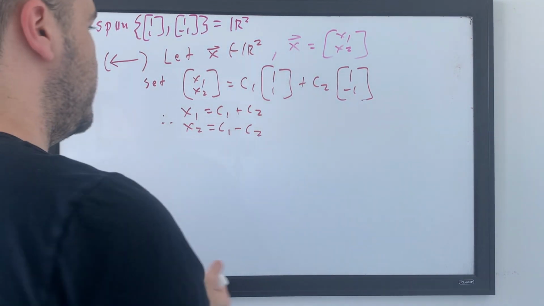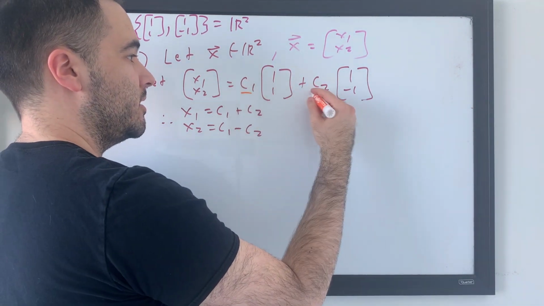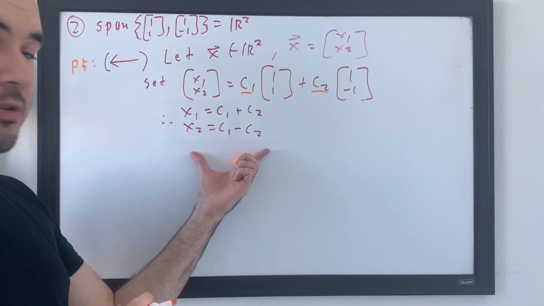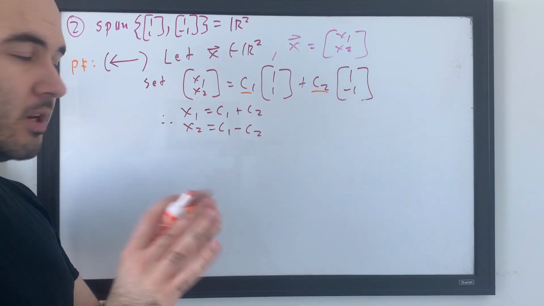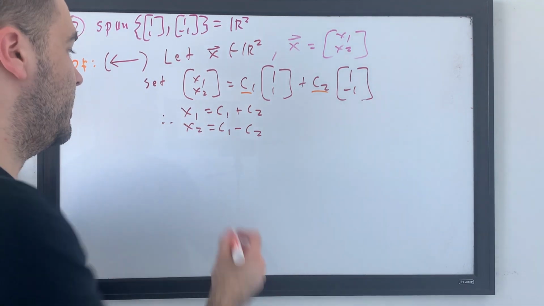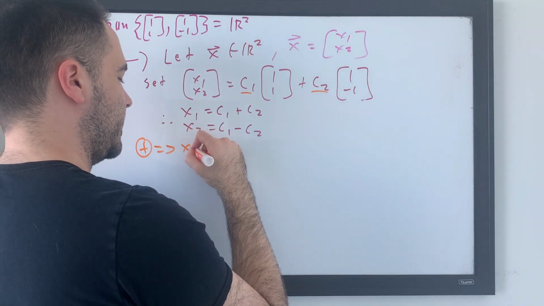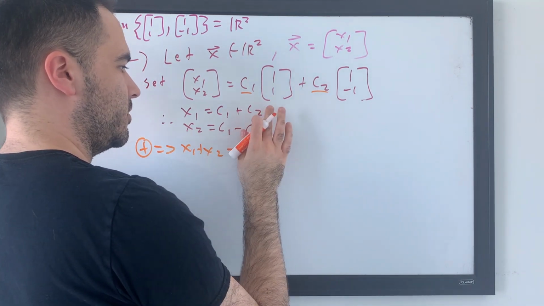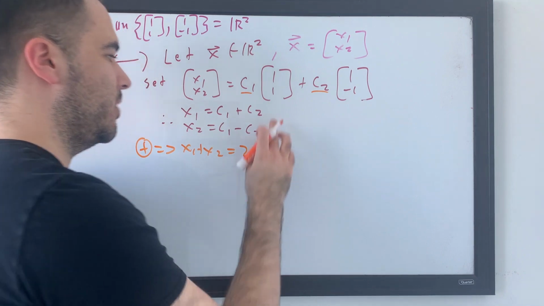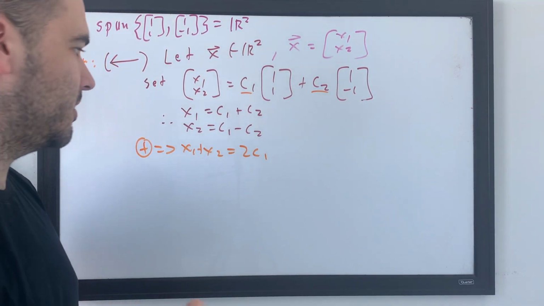Now, again, we want to find C1 and C2. You are free to use whatever method you like for this. For the sake of this video, I'm just going to do elimination. If I add both of these together, I get x1 plus x2 is equal to 2 times C1, and both of the C2s cancel.